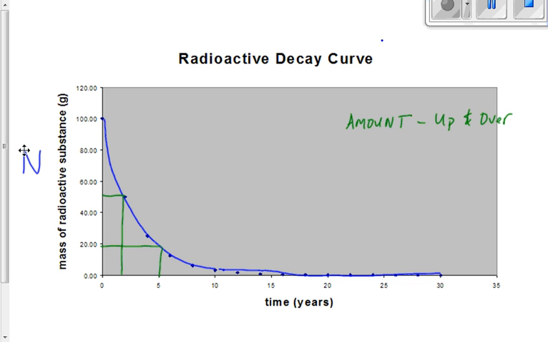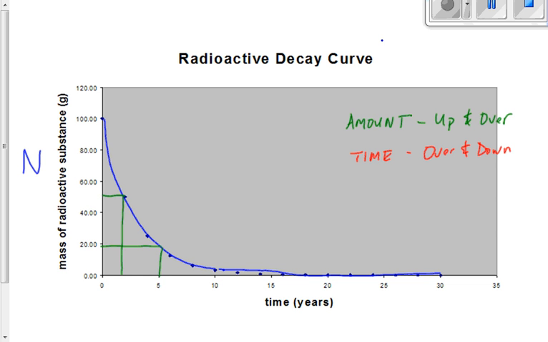If, on the other hand, you want to find a time, how long does it take to go down to 25 grams? How long does it take to go down to 75 grams? What's the half-life? If you want to find a time, then you're going to go over and down.